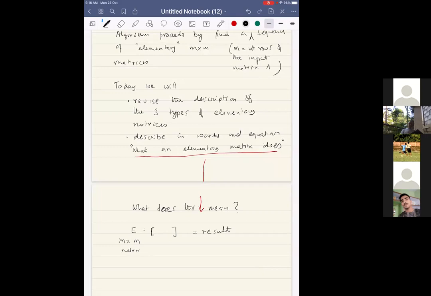What does an elementary matrix do? Now if I have an m cross m matrix E, and I'm multiplying it with another matrix on the right, the matrix, I have not given it a name, but it is within the square bracket. What should be the size of this?